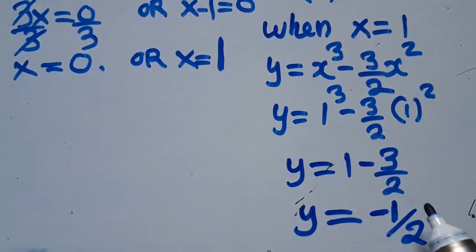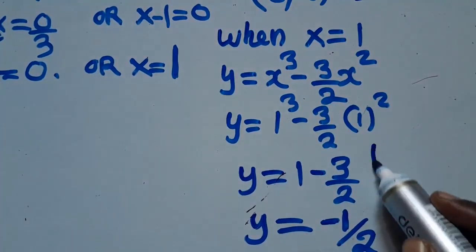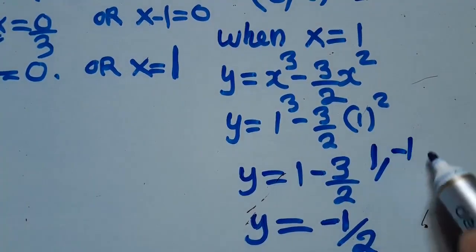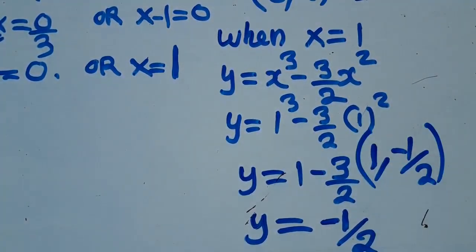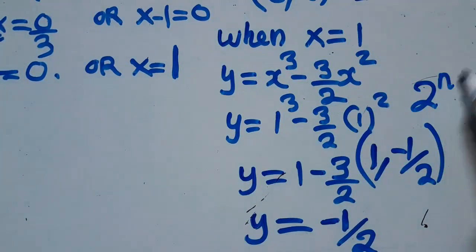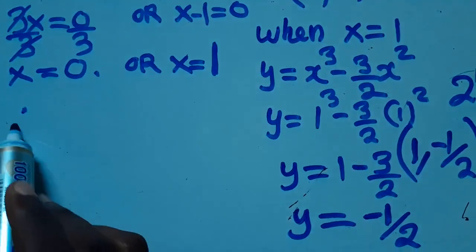So the coordinate here, x was 1, comma, negative 1 over 2. That's your coordinate. So this is our second coordinate.